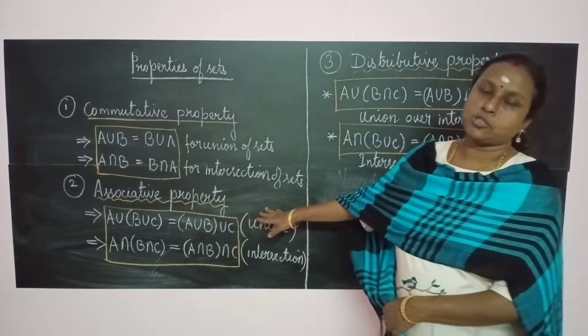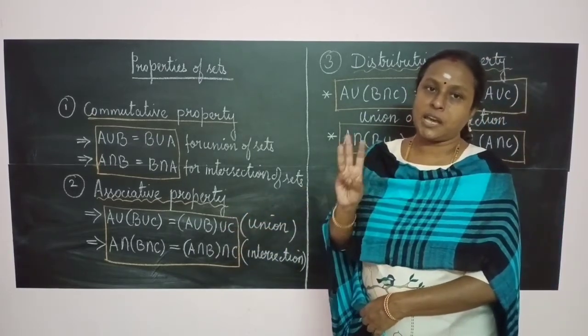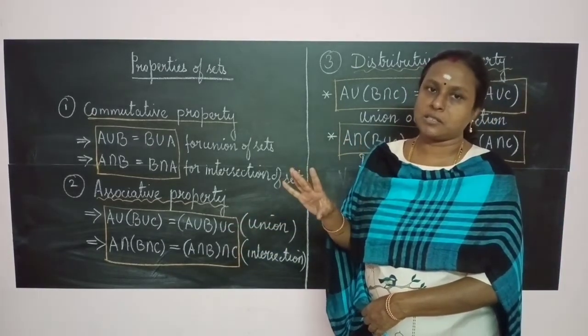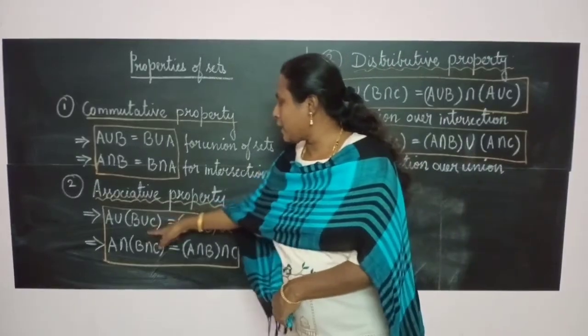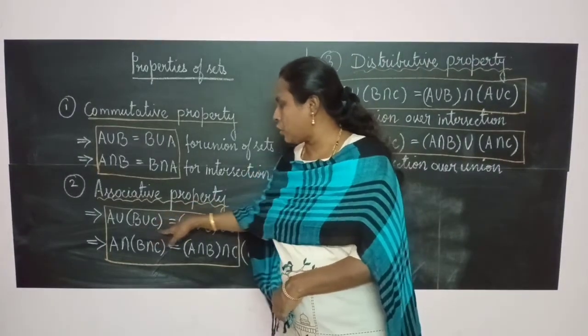In associative property we consider three sets A, B and C, any three sets. Here the place of the bracket alone changes.